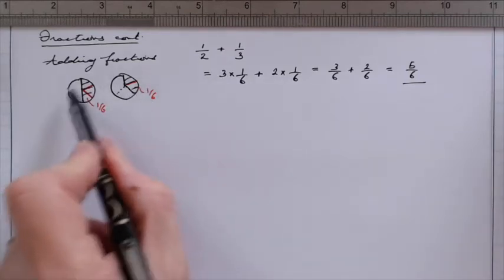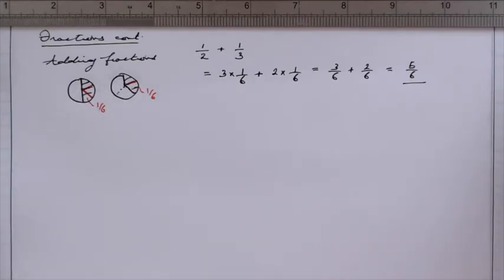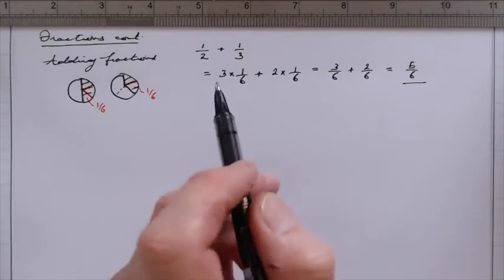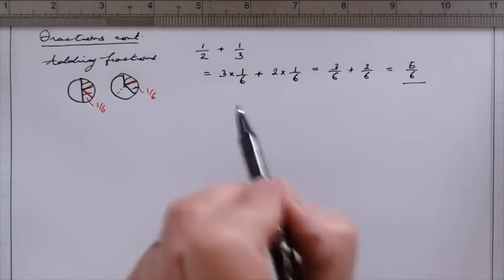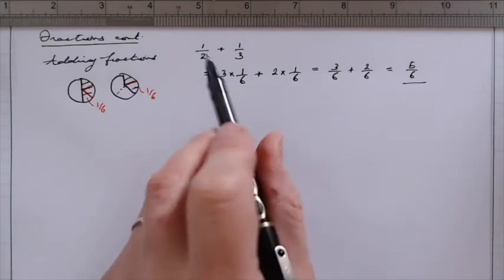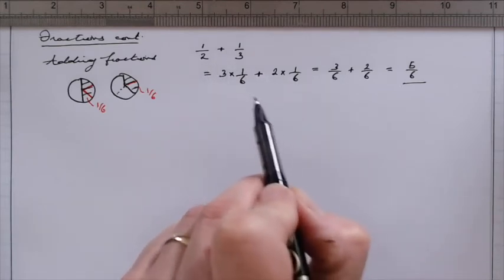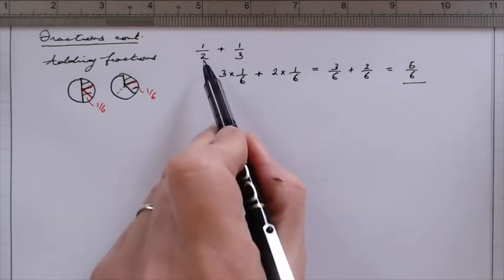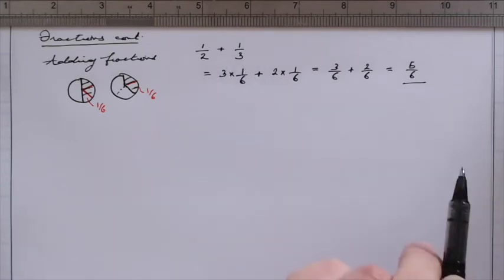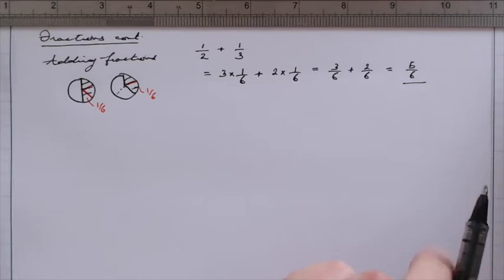And using this metaphor of the cake, what we've shown is that the technique for adding fractions is to identify a denominator, in this case 6, with which you can rewrite both of the fractions. So let's do another example.